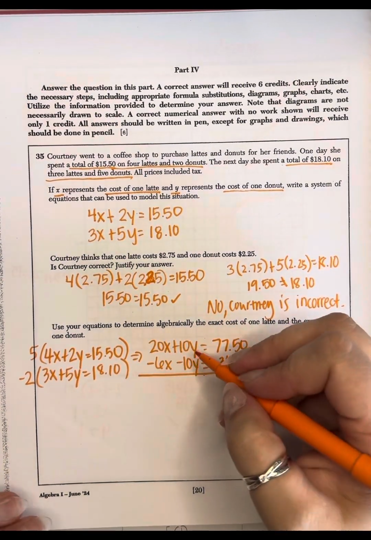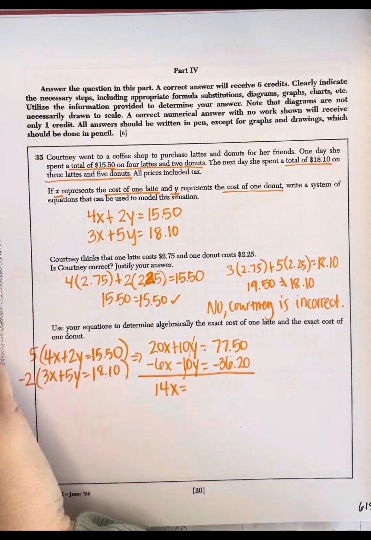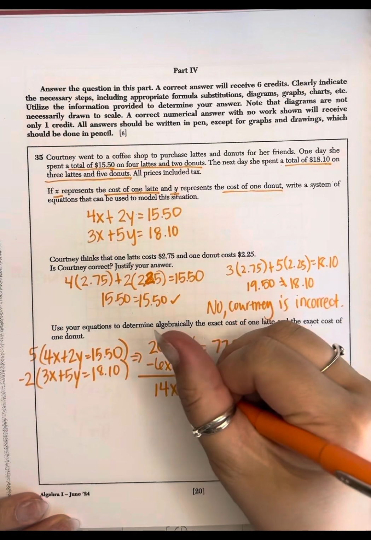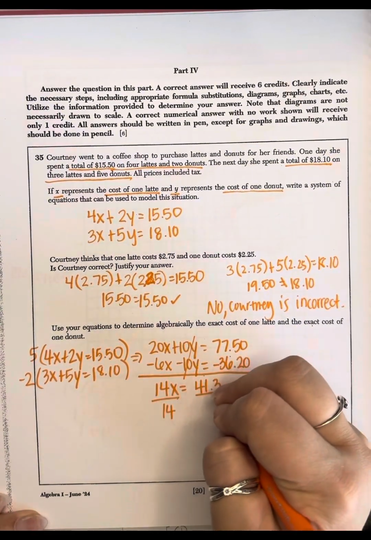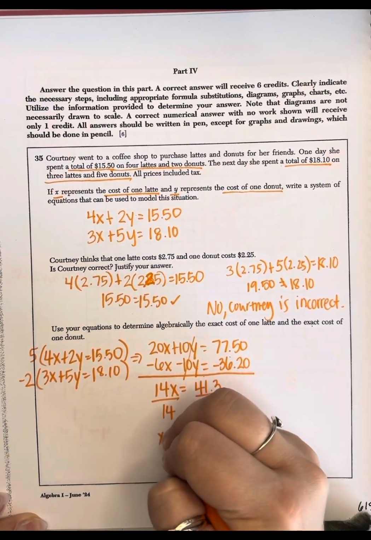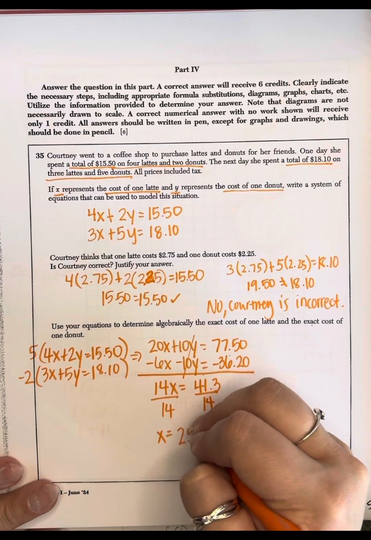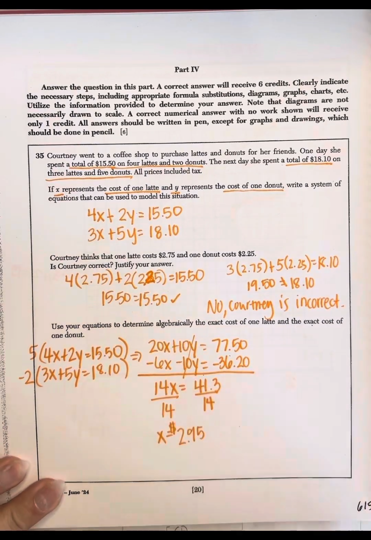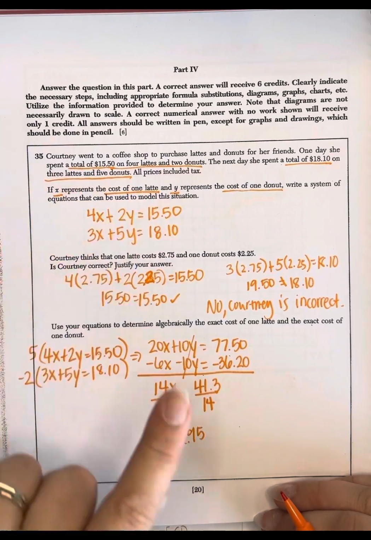Now when I add straight down, these are going to cancel. 14x equals 41.3, and now I can solve for x. And I get $2.95, so $2.95 for x, which is the cost of 1 latte.